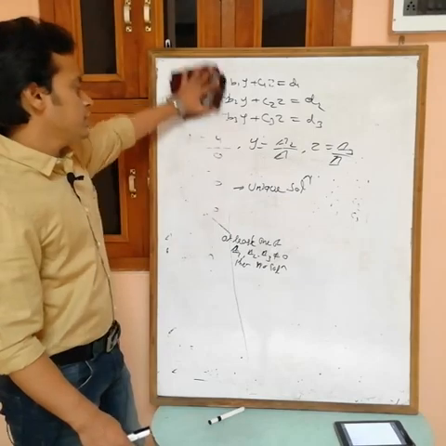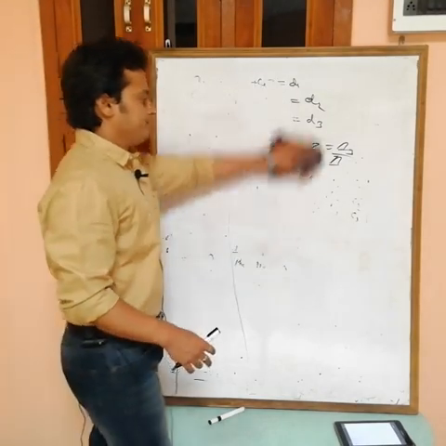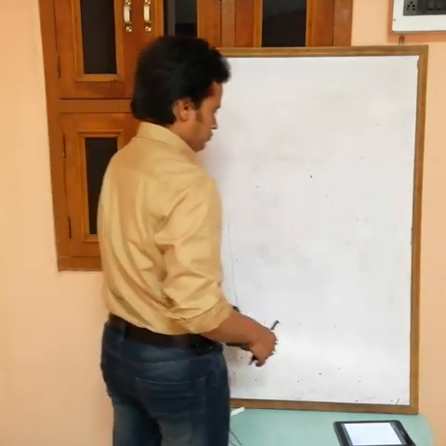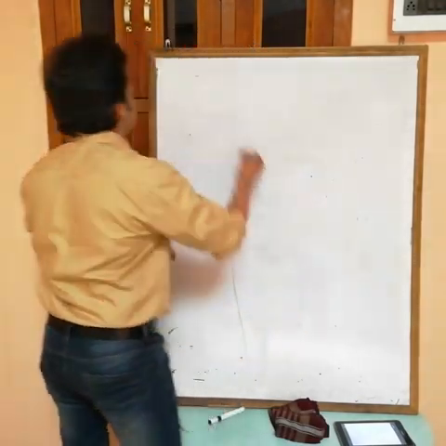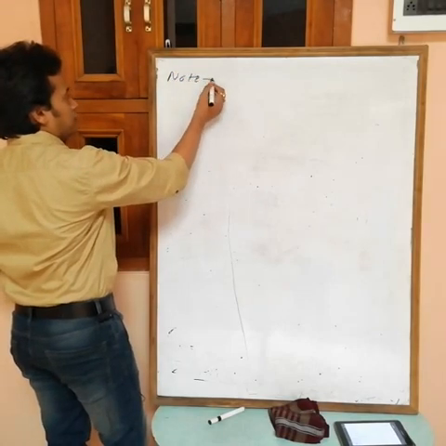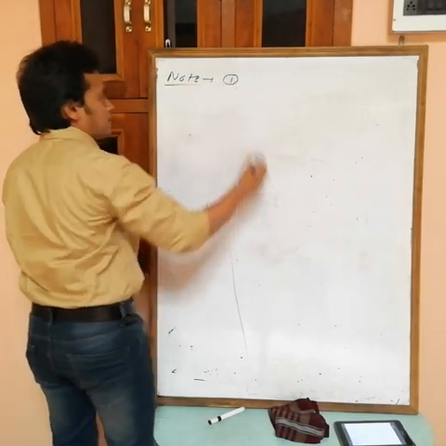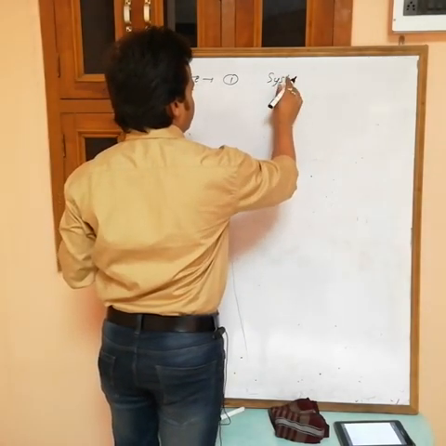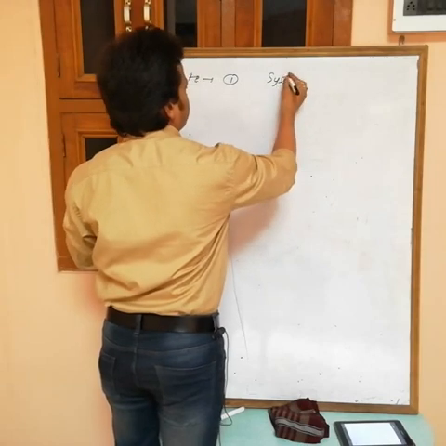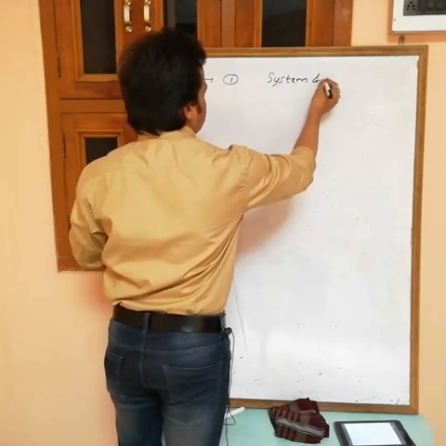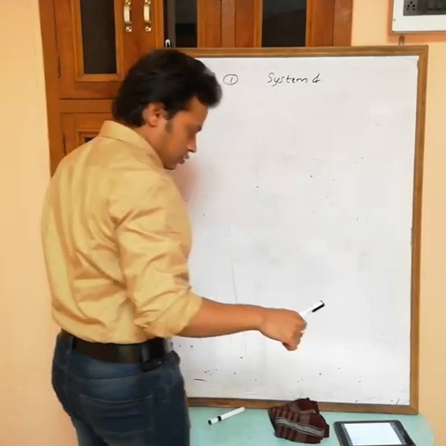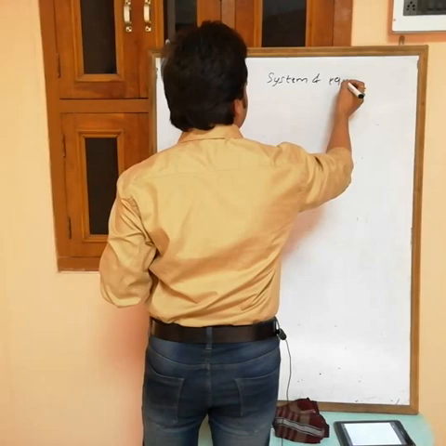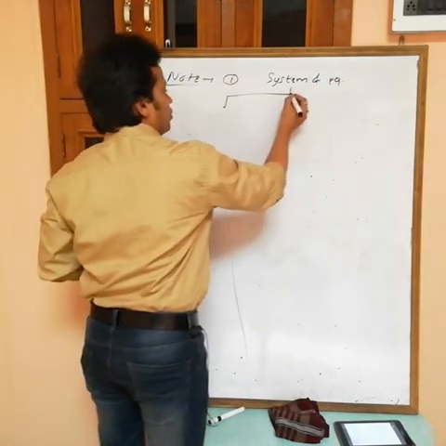After this one, write a note. After the previous class, write a note. First point: now what we have here is a system of equations. The last topic is system of equations.